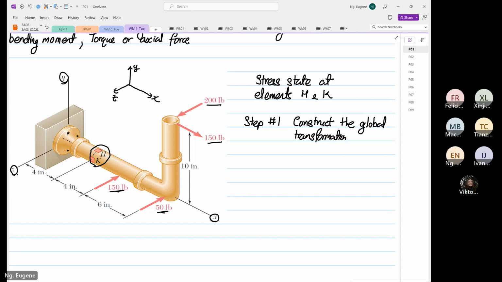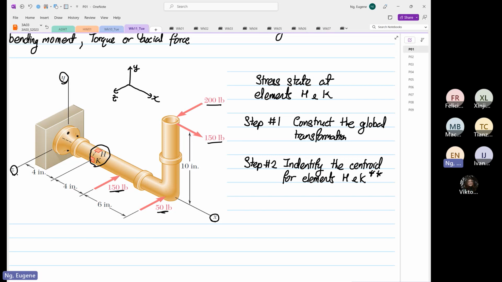Then step number two, you have to identify the centroid for elements H and K. Now, this step is really, really important.